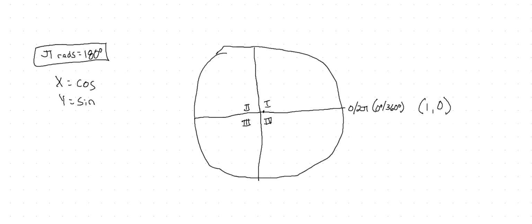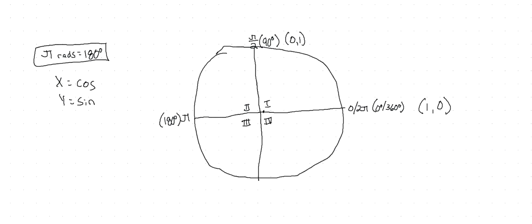And so then here we have pi over 2, which is also 90 degrees. And now notice our x is 0 and our y is 1. So we can write this 0, 1. Come all the way over to pi, which is a straight line, 180 degrees. You can also see the connection between pi and 180 degrees at this point.